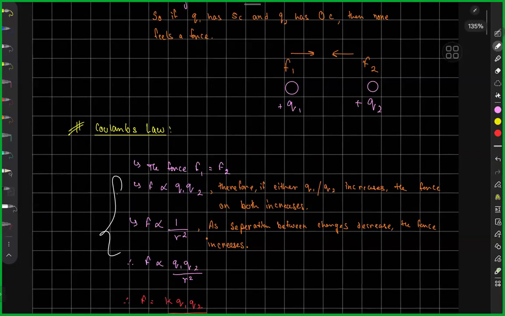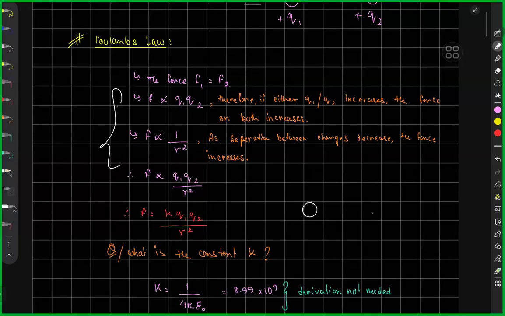I have a charge over here, I have a charge over here, Q1, Q2. Okay? Sign and all that doesn't really matter. Let's say both are positive. And the amount of charge can be different. Now, the conversation I want to have with you guys is it turns out by experiment that the force that Q1 applies on Q2 and the force that Q2 applies on Q1 are equal, right?